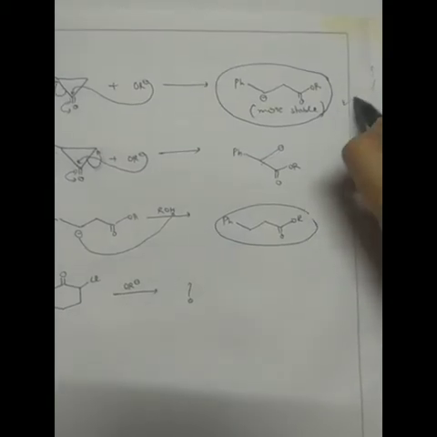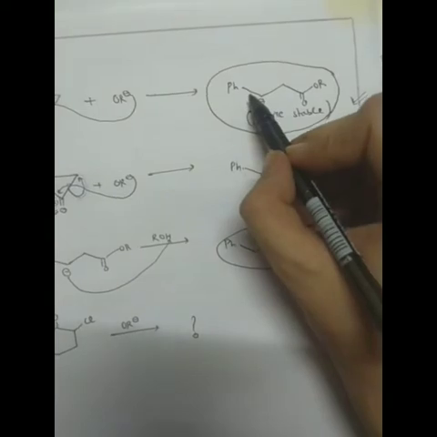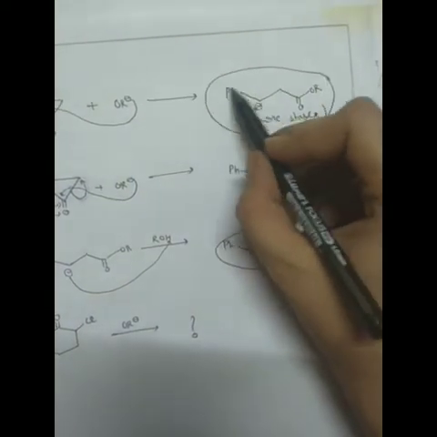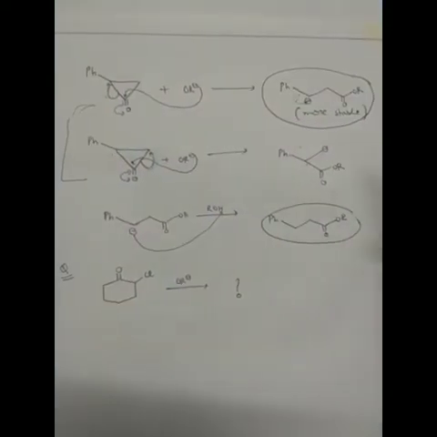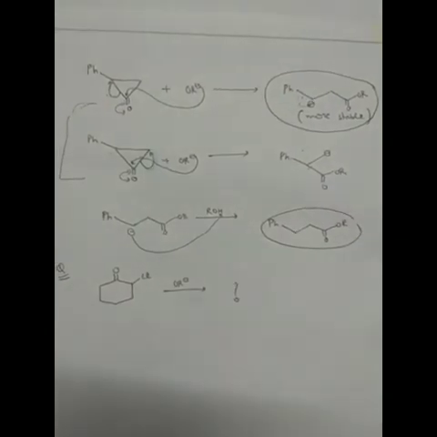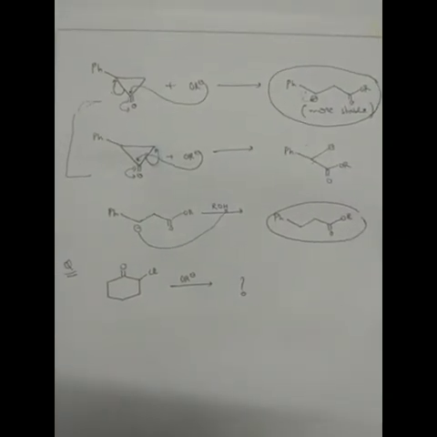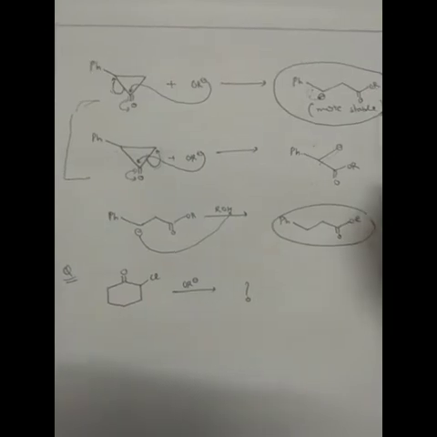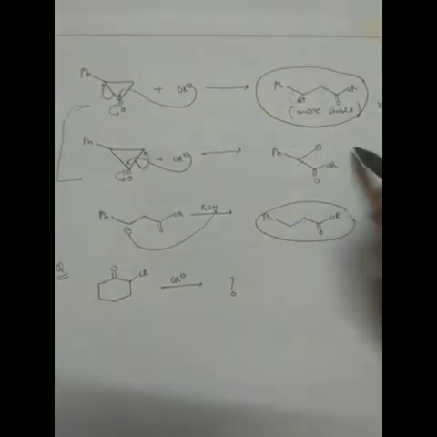Between these two steps, this one is favored. Why? Because the negative charge here is stable, as it is in resonance with the phenyl ring. But here we have a negative charge on a primary alkyl group, which cannot stabilize it. So this step is favored, not the other.